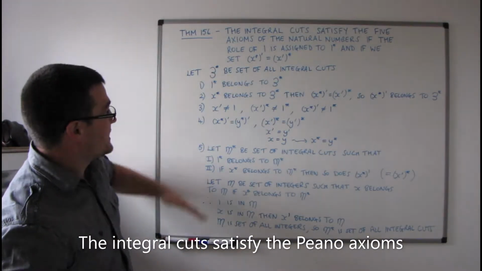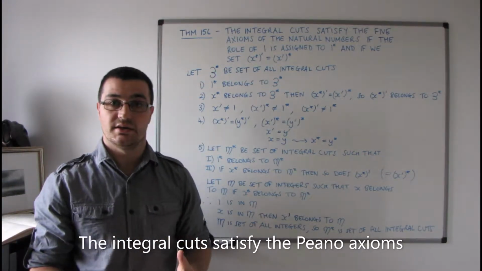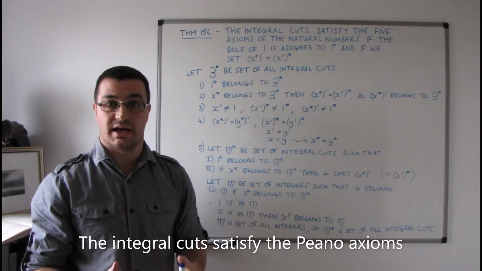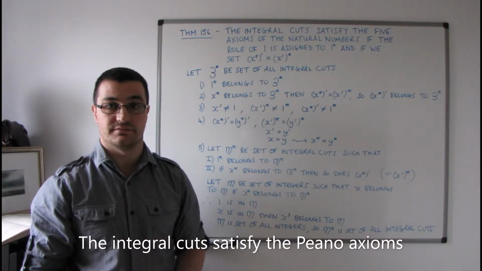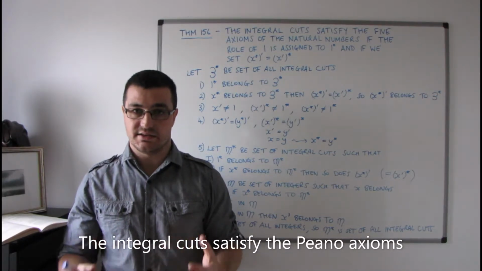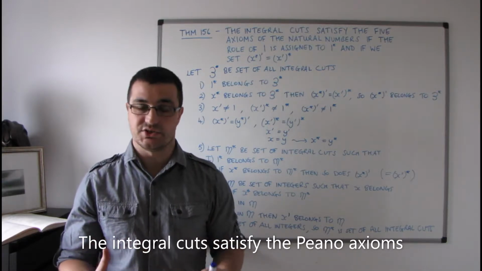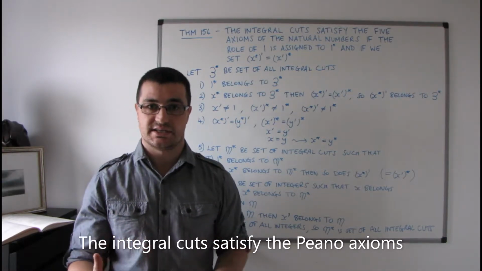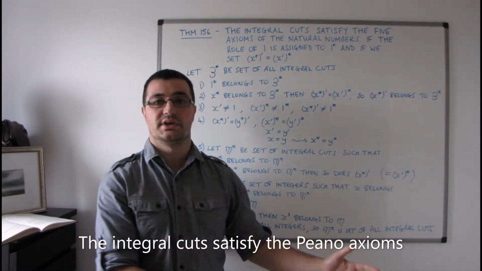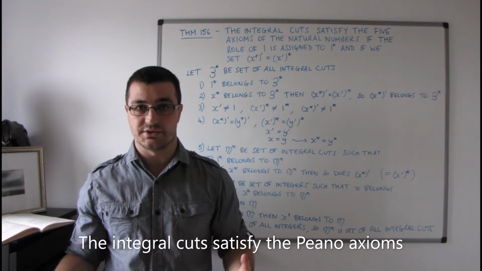So that shows that the integral cuts satisfy the 5 Peano axioms, the 5 axioms for the natural numbers. So what happens now is similar to what's happened previously with the integers. When we showed that the integers satisfy the Peano axioms, the natural numbers got thrown out and in came the integers, but along with the integers came the rational numbers.